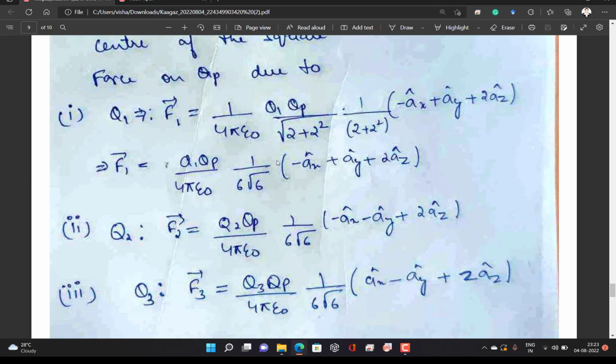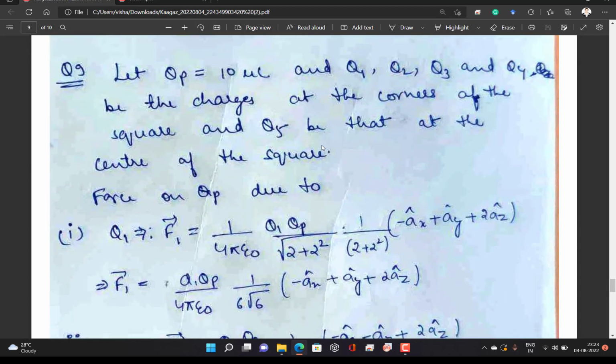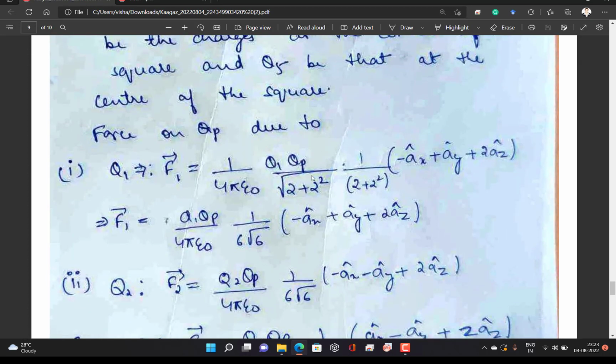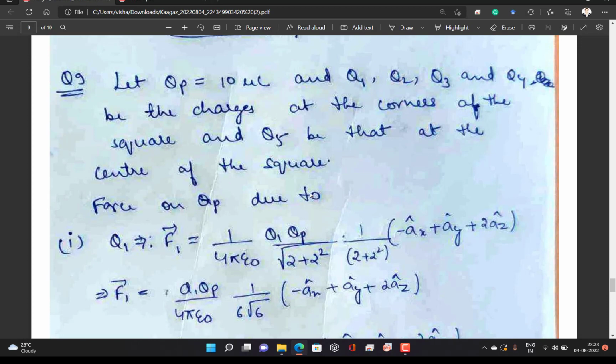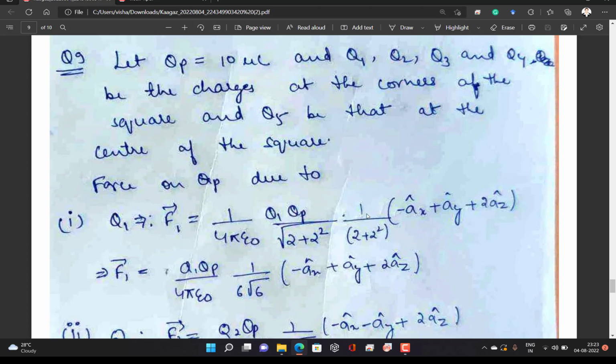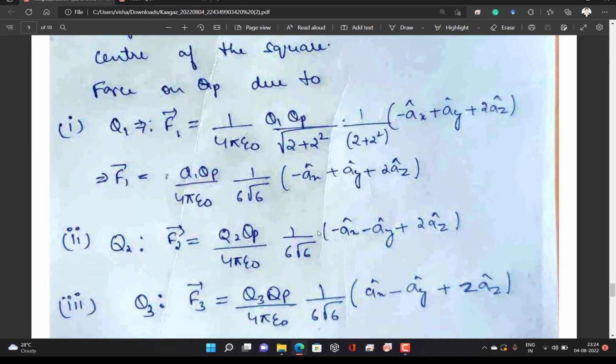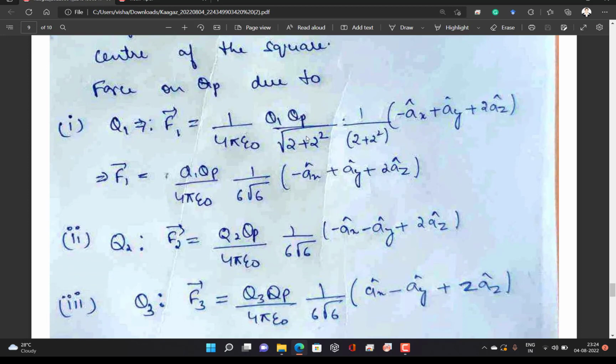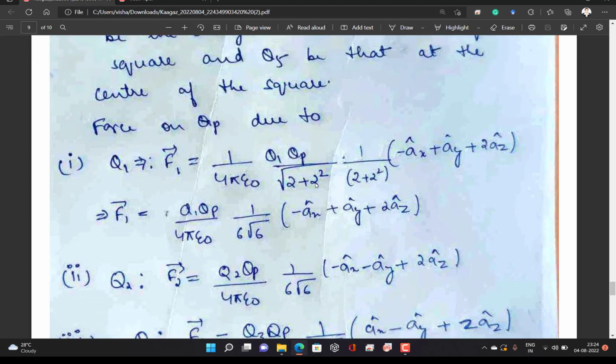Let's put it in the formula: 1 upon 4 pi epsilon naught, Q1 QP upon r1 squared, where r1 is the distance between Q1 and QP, which is the square root of 2 plus 2 squared, multiplied by the unit vector of the distance.